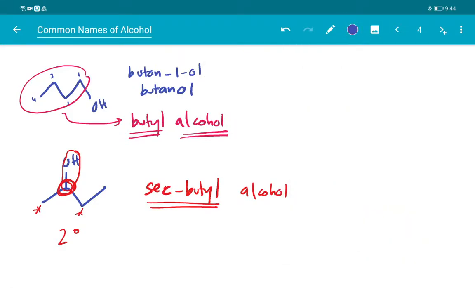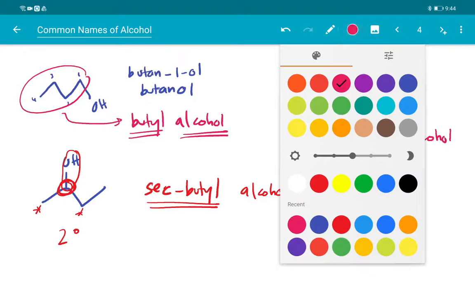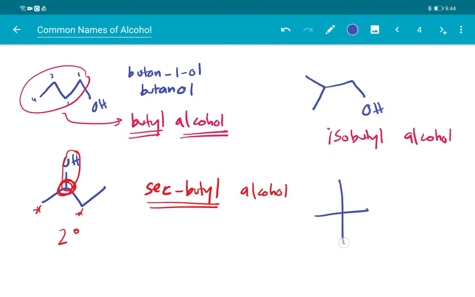Other than this, we can also have isobutyl alcohol, and we have tert-butyl alcohol.